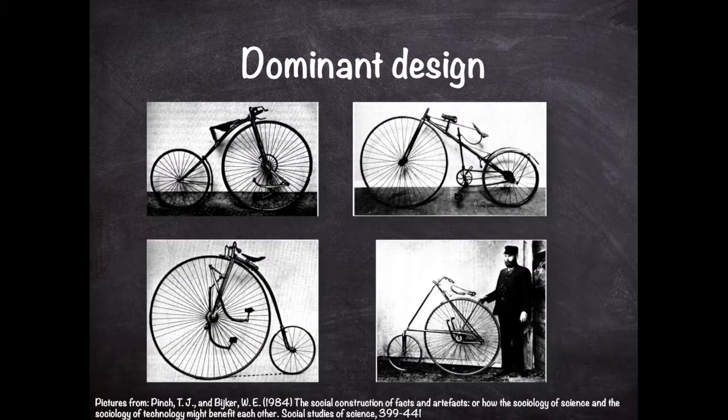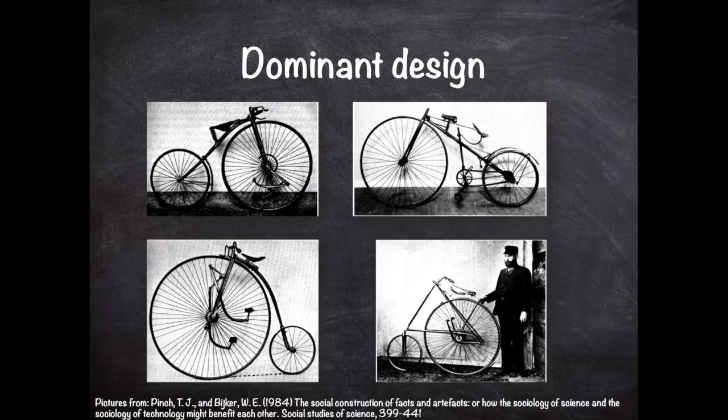What we saw before is related to a concept called dominant design. Here we have a picture of different kinds of bicycles. When the bicycle was invented in the beginning, it was not completely sure what a bicycle would look like. There were different versions of it. You've seen this in movies, I think. Different ways of imagining a bicycle.